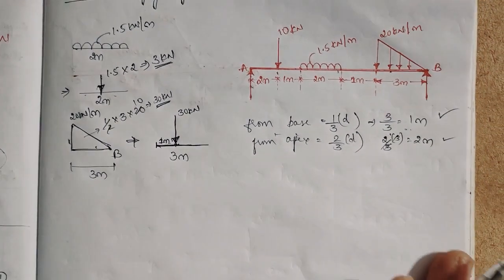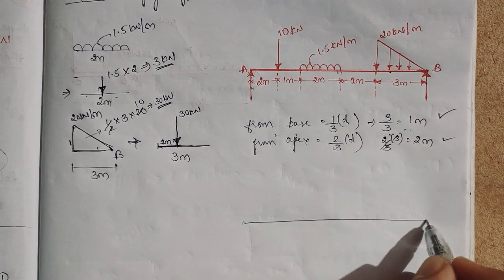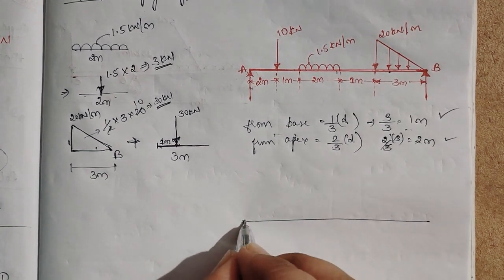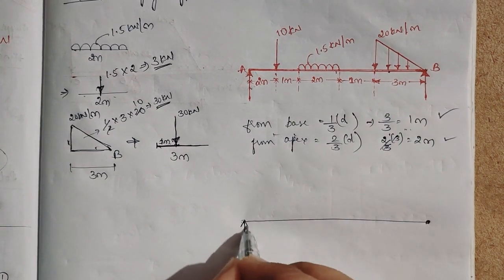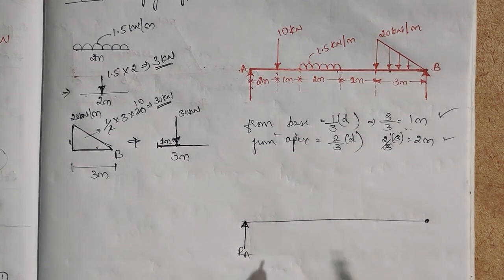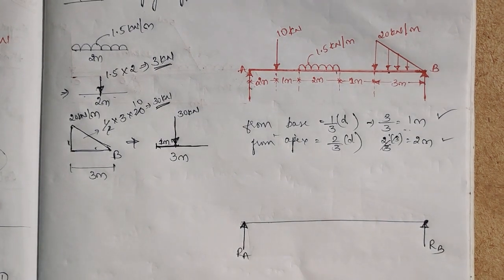Now I'll rewrite this diagram. Very important now. This is point A, this is point B, simply supported, right? So we'll have a reaction RA and another reaction RB.